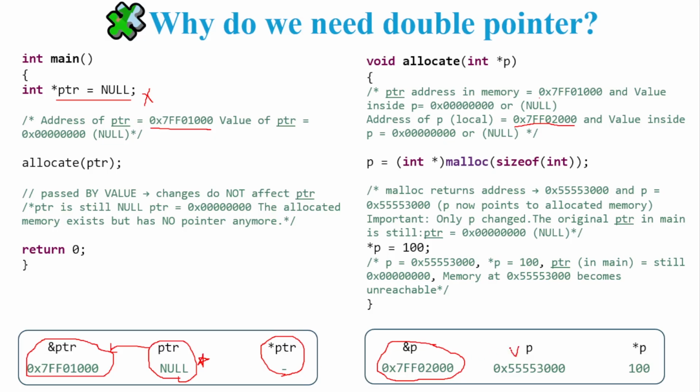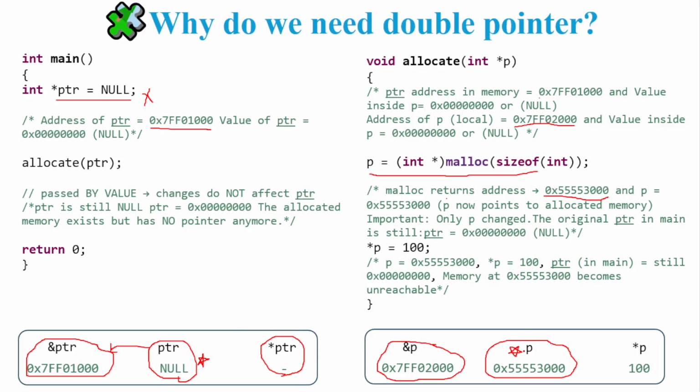When malloc(sizeof(int)) is called, the system allocates heap memory at 55553000 and stores this new address into p. Now p equals 55553000 and the local pointer knows where the new memory is, but ptr in main is still 0 or NULL, showing that passing a pointer by value cannot update the original pointer.